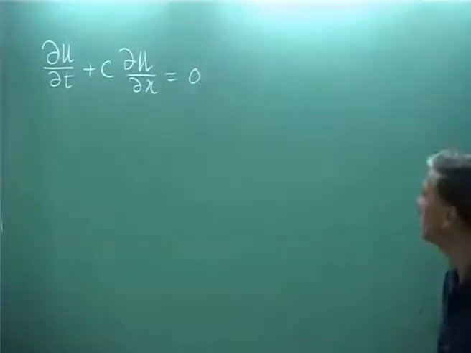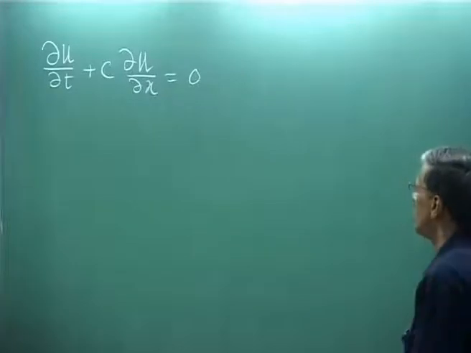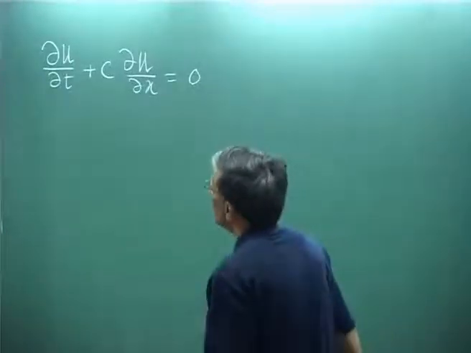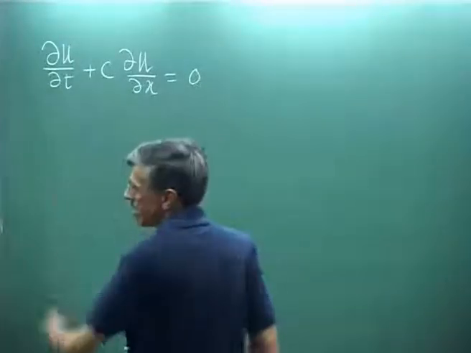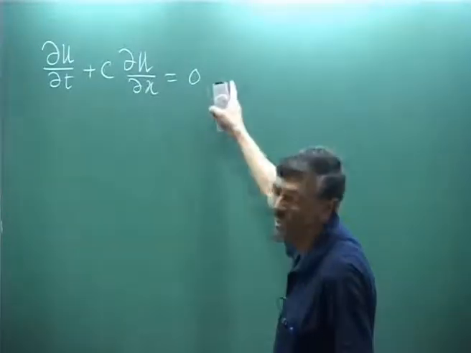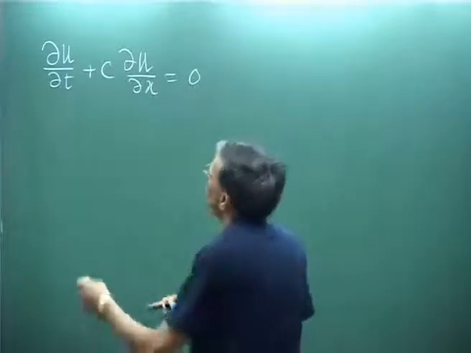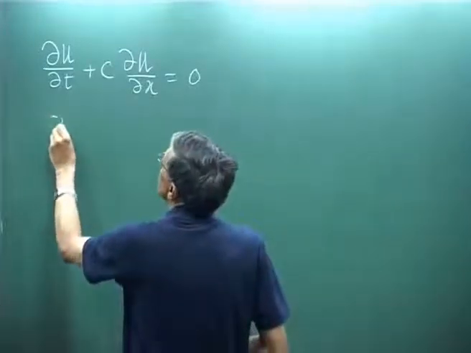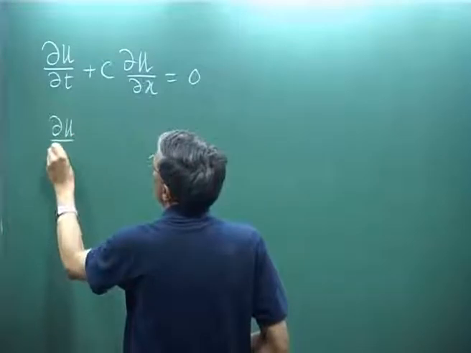To clarify that doubt, we look at the following two steps. First, we have the continuum equation. From there, we come to the discrete equation. So, let me write this part.